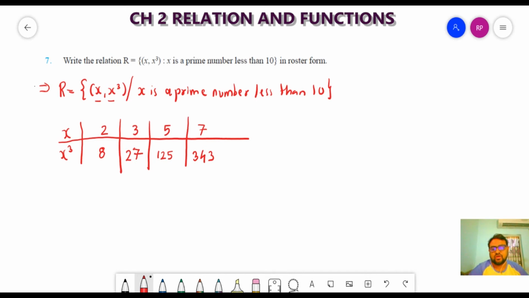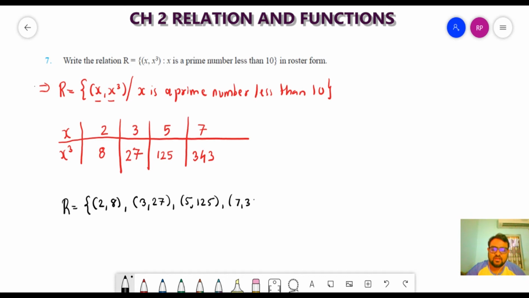So we got our relation R equal to 2, 8, 3, 27, 5, 125 and 7, 343.